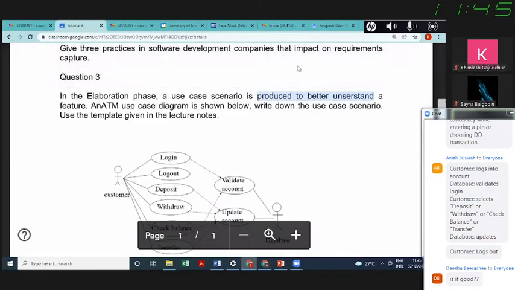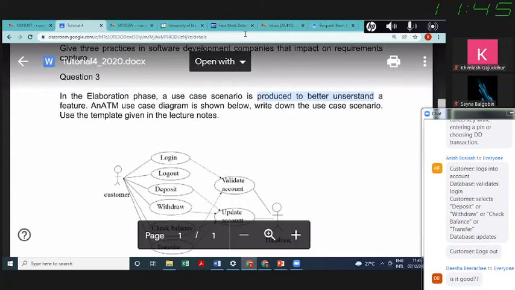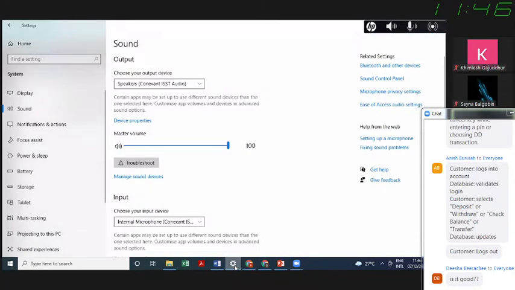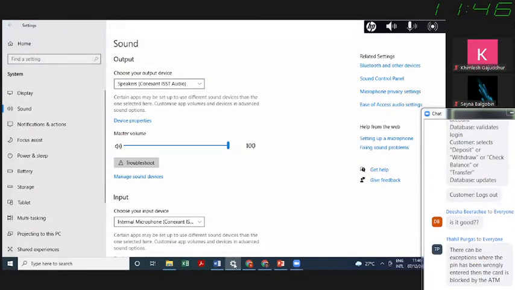Let me go back to the chat. We find access to menu, transaction, and aborting the process by pressing the cancel key. Perhaps these would be exceptions. We have seen the word exception: pressing the cancel key and so on. Withdraw, check balance, yes, it is good.